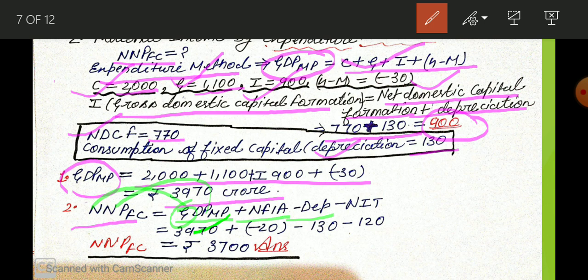When we are moving from MP to FC, we have to subtract NIT. So when we put all these values in this equation, we get the value of net national product at factor cost, and this is the value 3700.